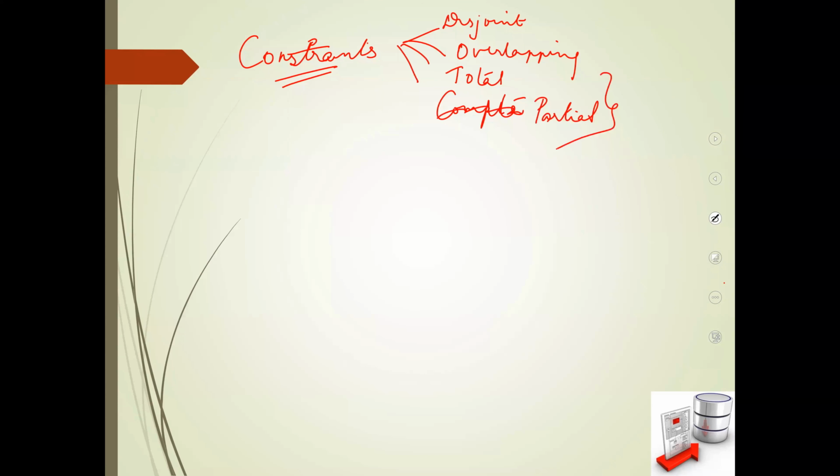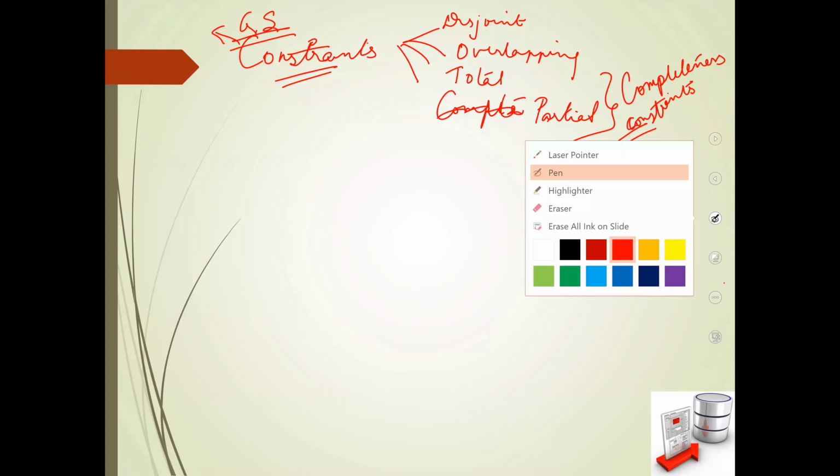This total and partial together, you call them completeness constraints. So these are the 4 constraints which can occur in specialization and generalization. We will see all of them one by one. Now, the first constraint we will see is disjoint.